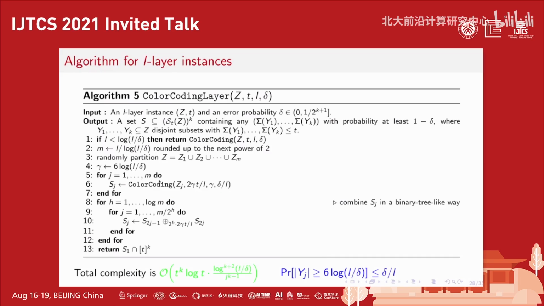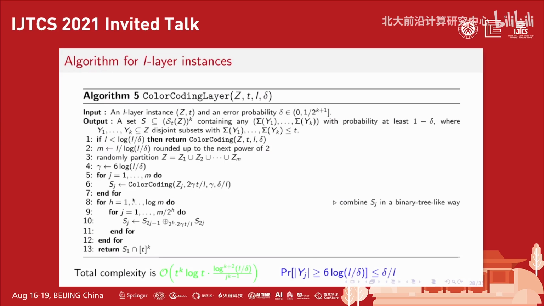And afterwards we simply perform the previous color coding algorithm with an upper bound higher than 1. As you can see, the upper bound is gamma, and that is due to exactly this reason.